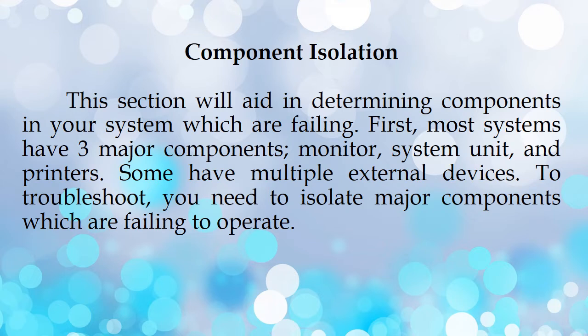So if the defect is in the monitor, then you need to set aside the system unit and printers, then focus on fixing the monitor, and do the same for the system unit and the printers. That is how you isolate components in fixing the computer.